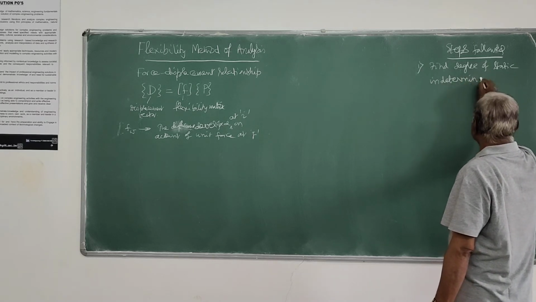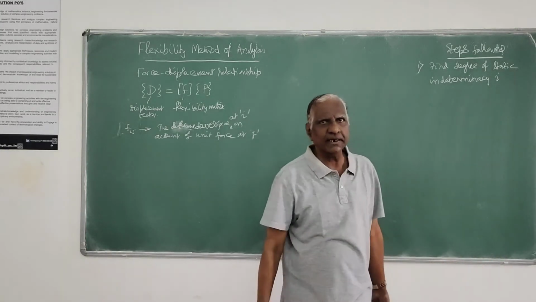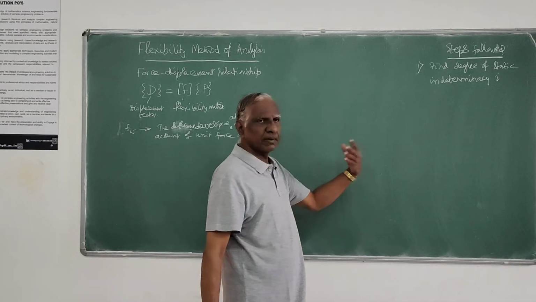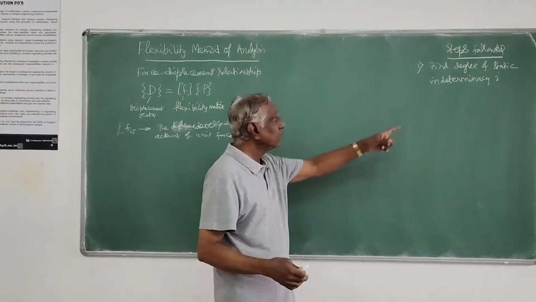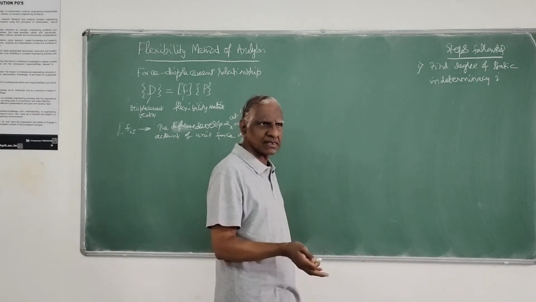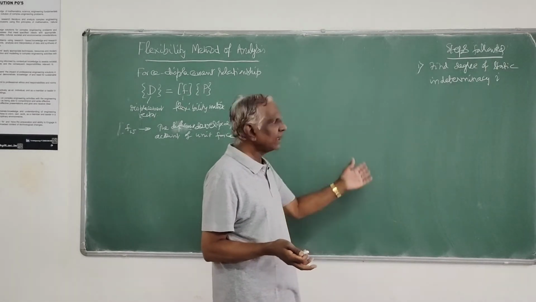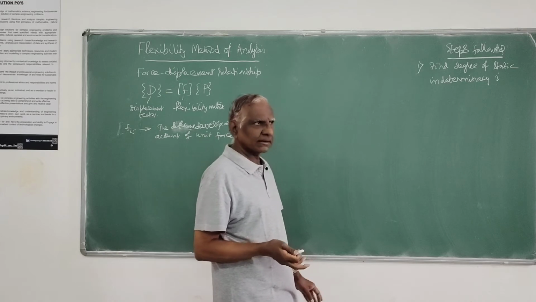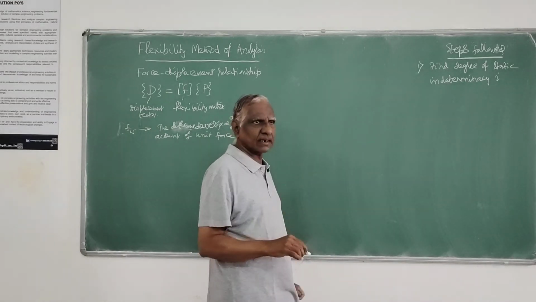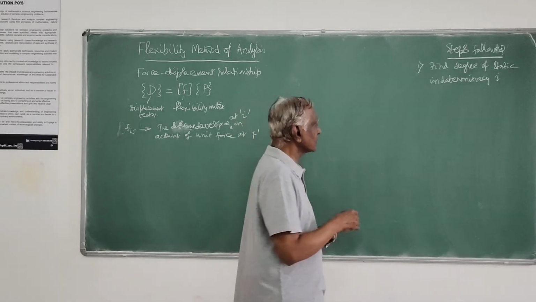This already you know how to determine. In the case of beams which are axially rigid, the total static indeterminacy is 2m plus or minus 2j. If it is a rigid plane frame, it is 3m plus or minus 3j, minus some external imposed conditions like internal hinges and all those things.